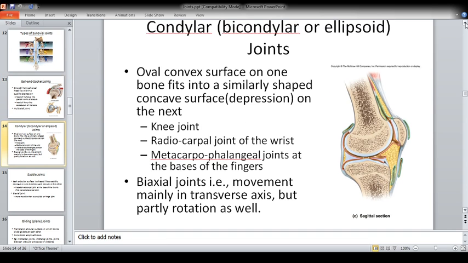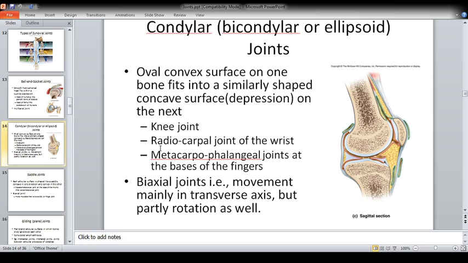Then comes the condylar, which is also known as bicondylar or ellipsoid joint. It is an oval. It is where an oval convex surface on one bone would fit into a similarly shaped concave surface or depression on the next bone.